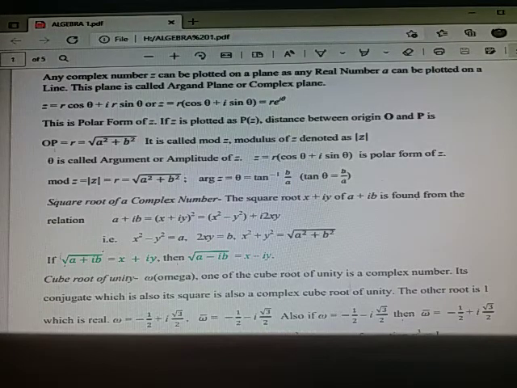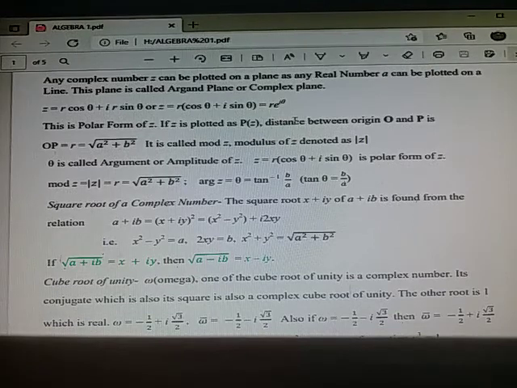And when you take the power of this z, z square or z cube, etc., we write it as r e to the power i theta.